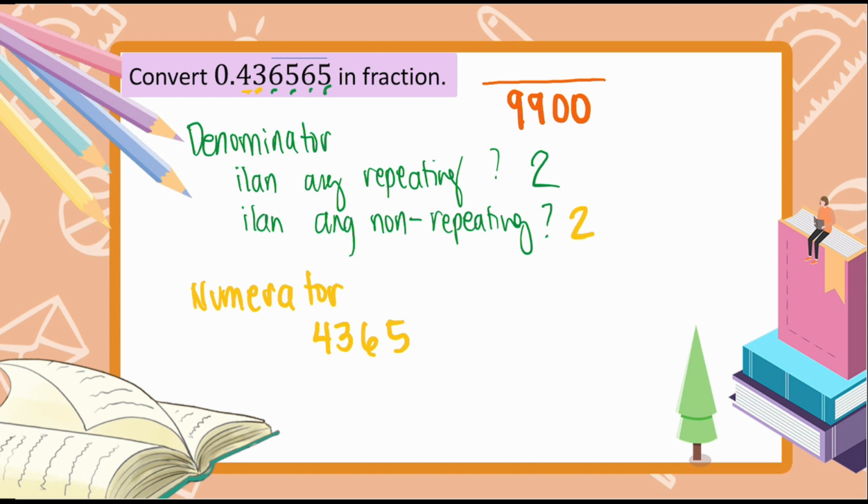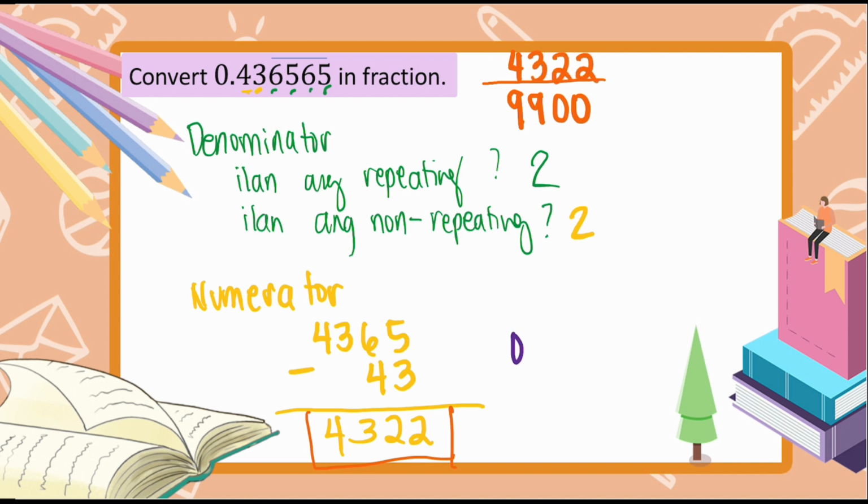So, ang non-repeating natin is 43. And then, subtract. Okay, so we will have 4,322. Okay, so therefore, 4,322 is our numerator.